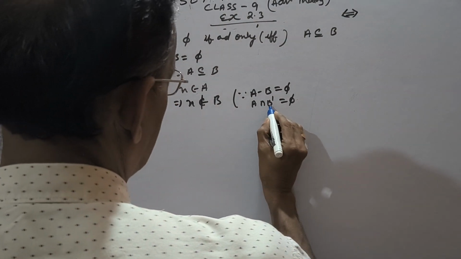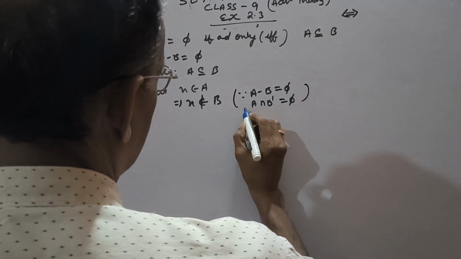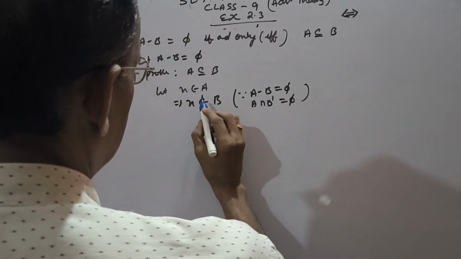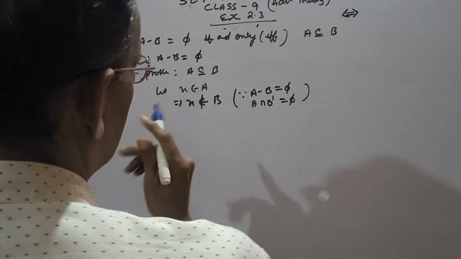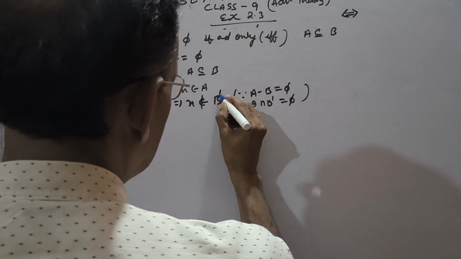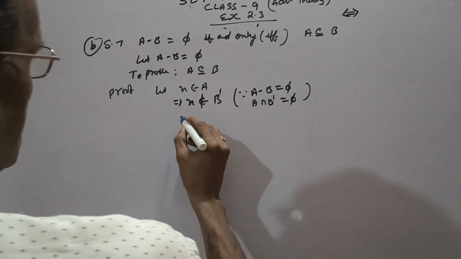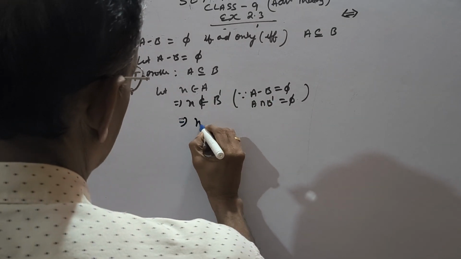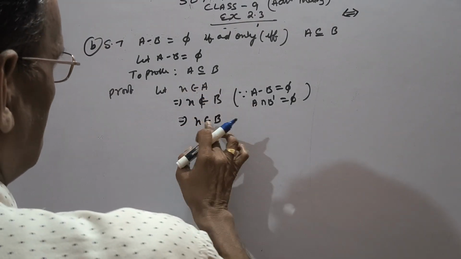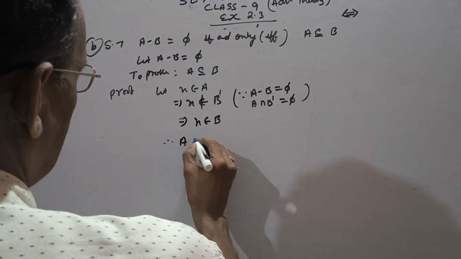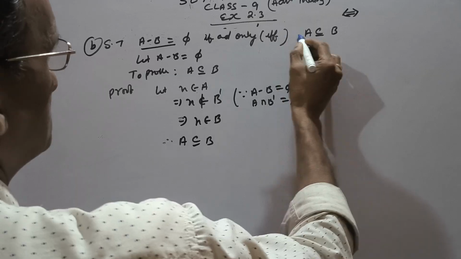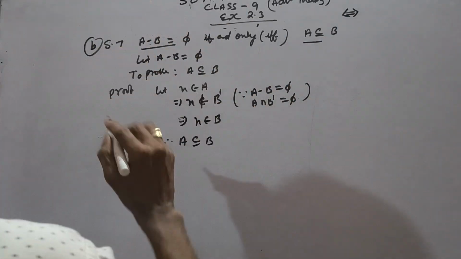So if A intersection B complement is empty, it means they do not have any element in common. So if x belongs to A, x must not be in B complement, so x is in B. This is the reason. x belongs to A and x belongs to B, what is the meaning? Therefore, A is a subset of B. Now we have taken this and we have proved this. Now we have to do the converse also.